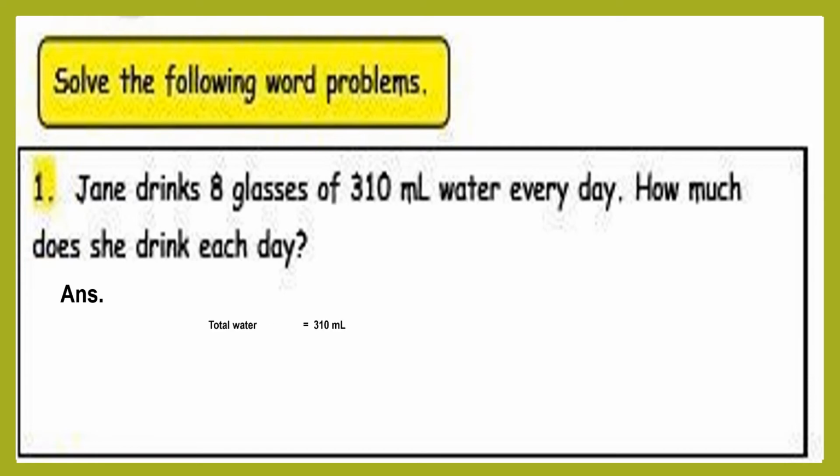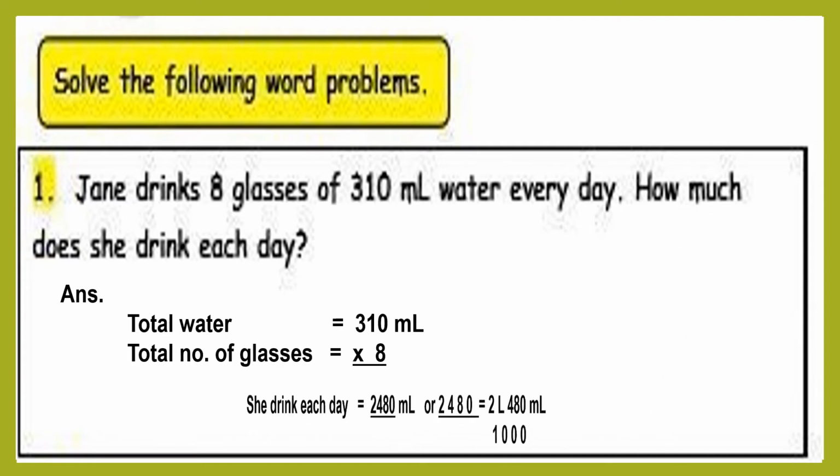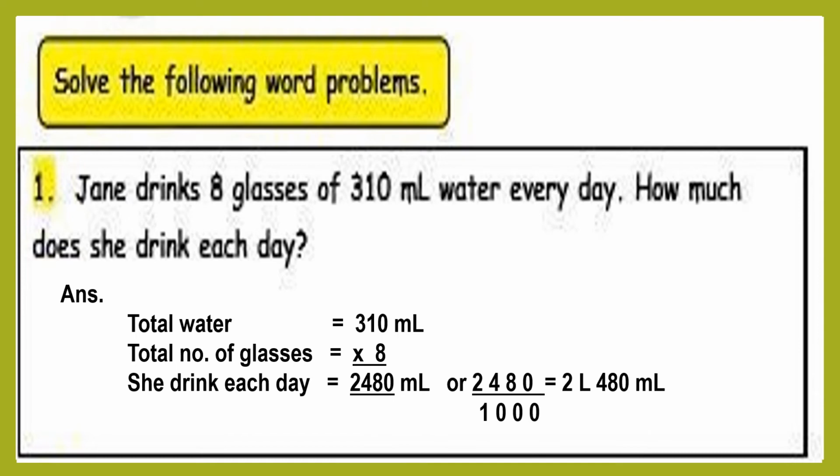So first write the capacity of water in a glass, that is 310 milliliters, and the number of glasses is 8. So multiply, children. 8 zeros are 0, 8 ones are 8, 8 threes are 24. So she is drinking 2480 milliliters of water each day.